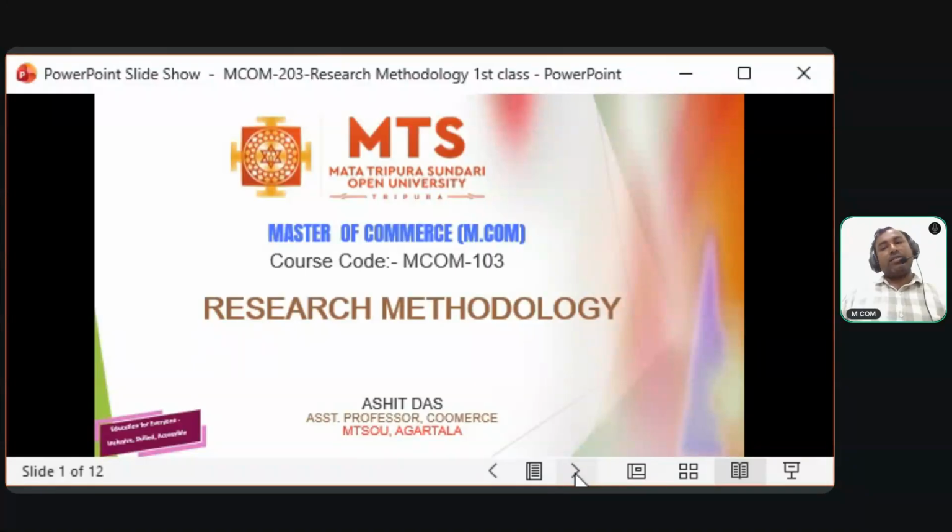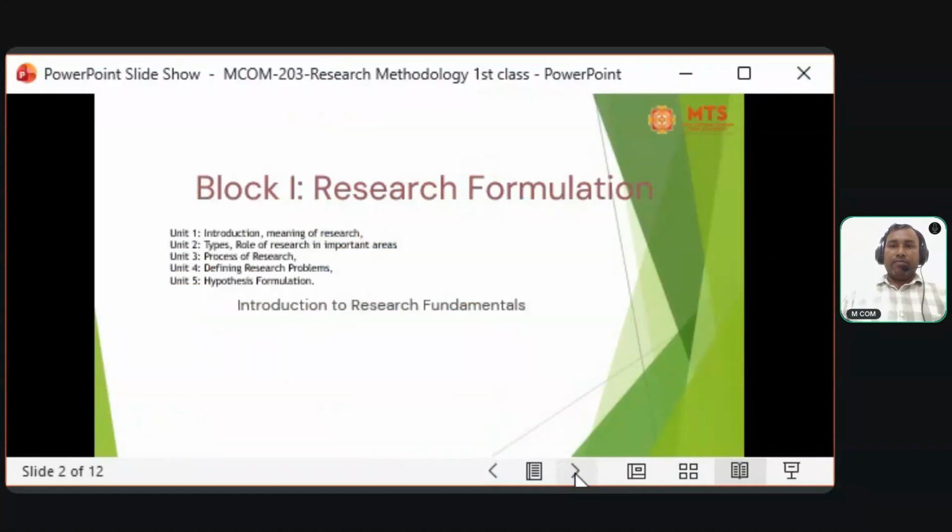So today's class is for block 1. There are 5 units in this block 1. We have limited hours and limited time for this section, second semester.